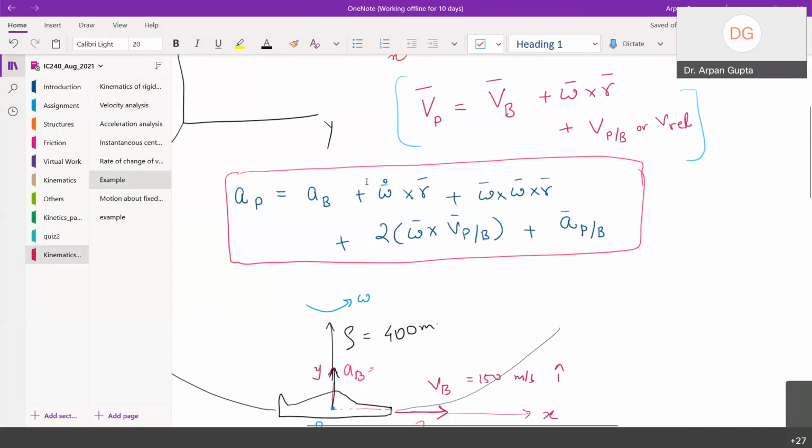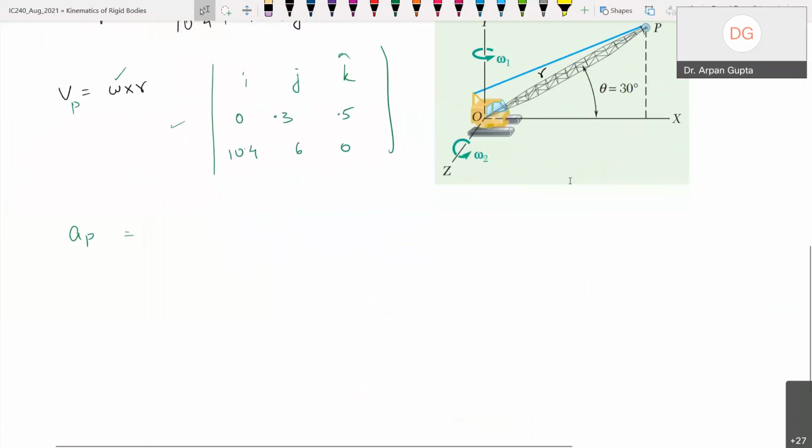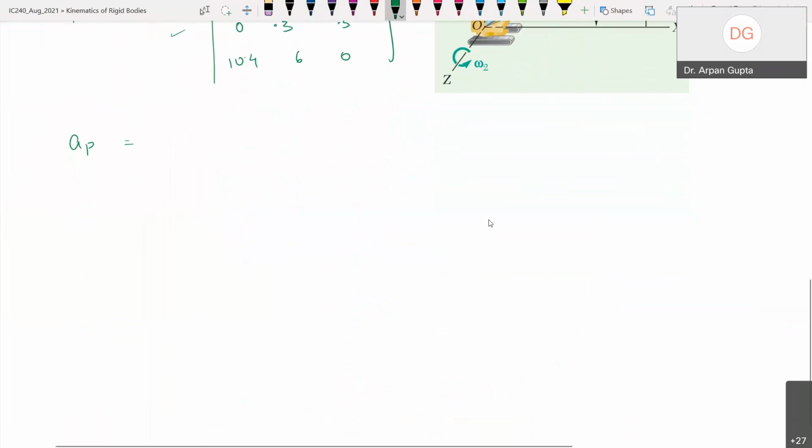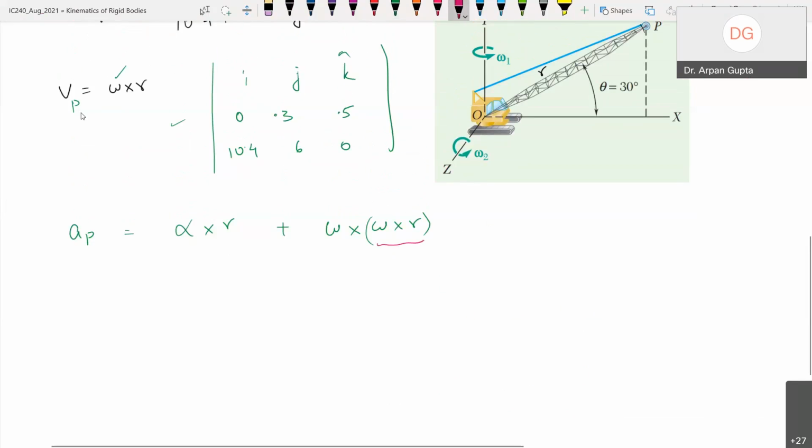So what we are left with is alpha cross r and omega cross r. So these are the two terms we are left with: alpha cross r plus omega cross r. And in fact, this omega cross r you have already calculated in this part, which is Vp.